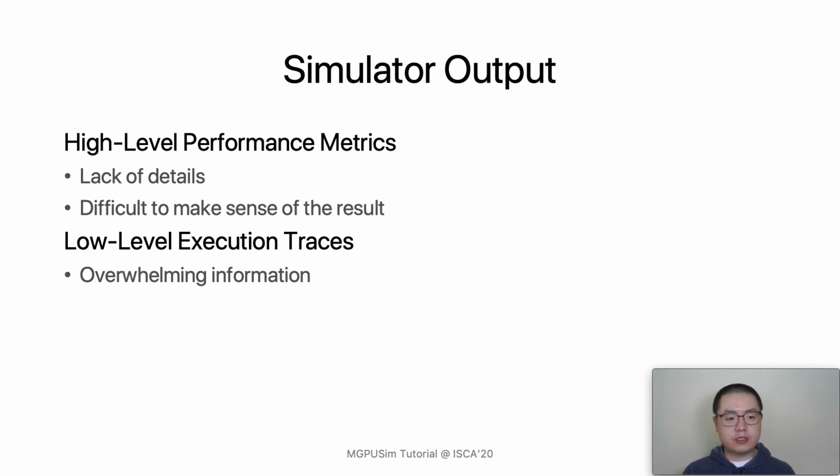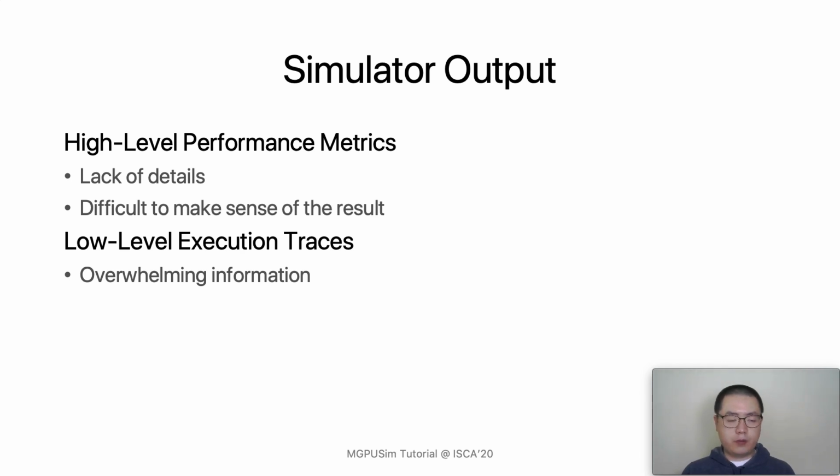But in general, these traces are very large, and to simulate 1 microsecond of execution, it can generate several gigabytes of results and dump millions to billions of events. If you want to analyze those events by hand, you will spend a very long time, and it's very hard to find what is going on, or find an interesting point to analyze.